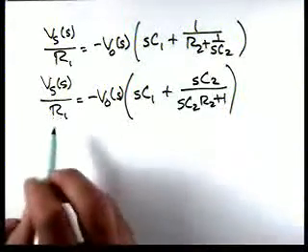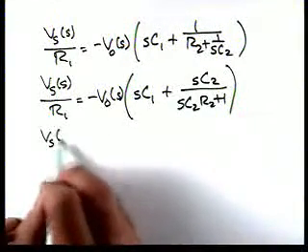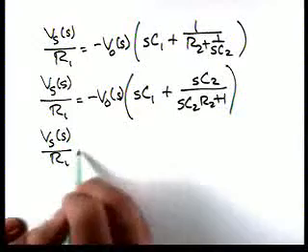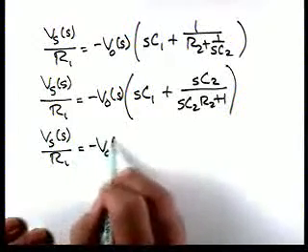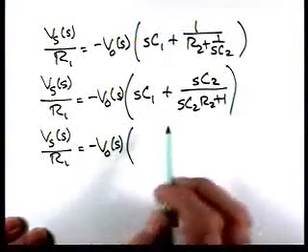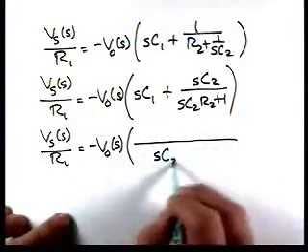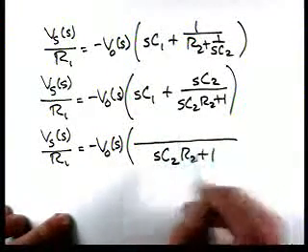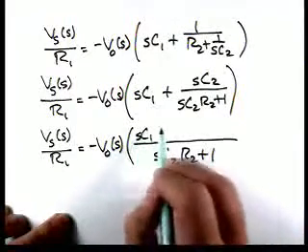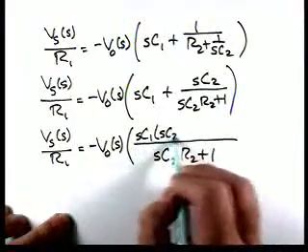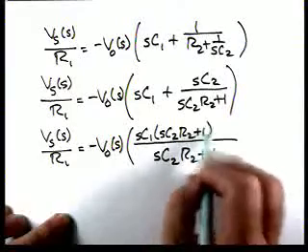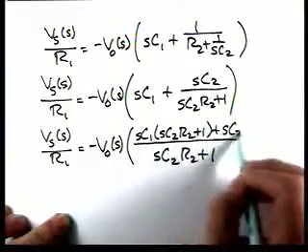And continuing on, now we'll get everything in here over a common denominator. So we'll have in the denominator SC2 R2 plus 1. So we've got SC1 times SC2 R2 plus 1 plus SC2.